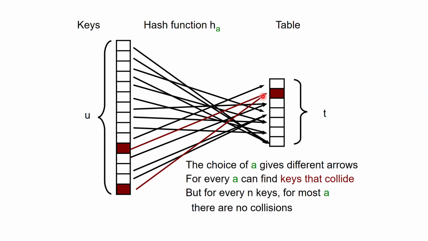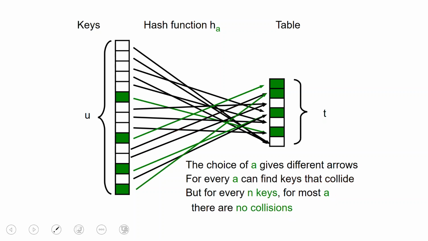But the nice property of hash functions is that if you fix a priori n keys and then you choose the parameter a, then for most choices of the parameter a, there will be no collisions. So if you fix the keys first and then you choose the parameter a at random, then you have a nice mapping where the keys don't collide.